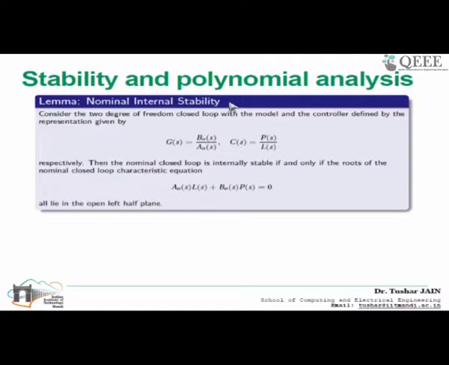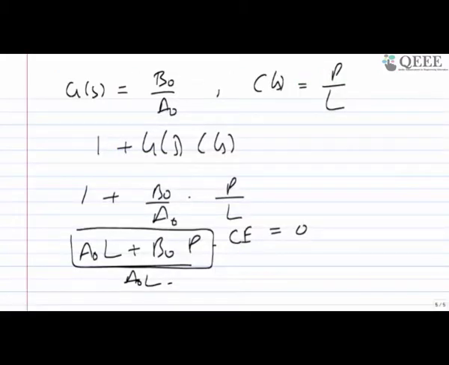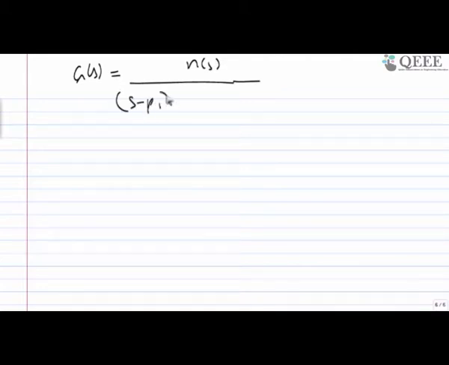So let's write the G of s, which is represented by a numerator polynomial in terms of s, and in the denominator we have s minus p1 up to s minus pn.